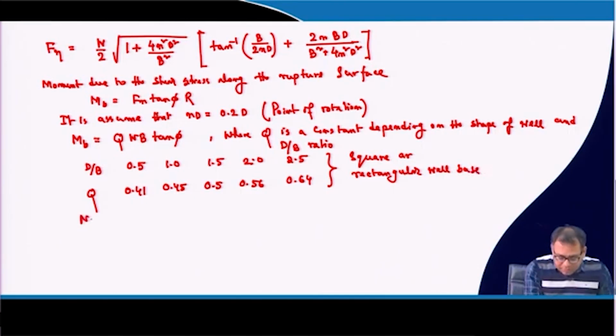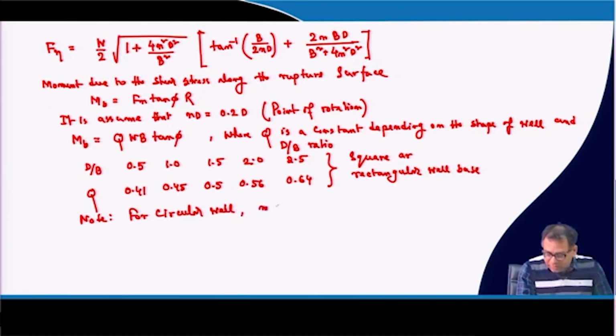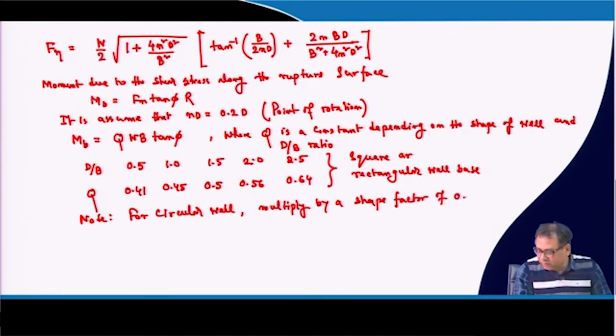Now note, if it is a circular well, for circular well, we have to multiply by a shape factor of 0.6.